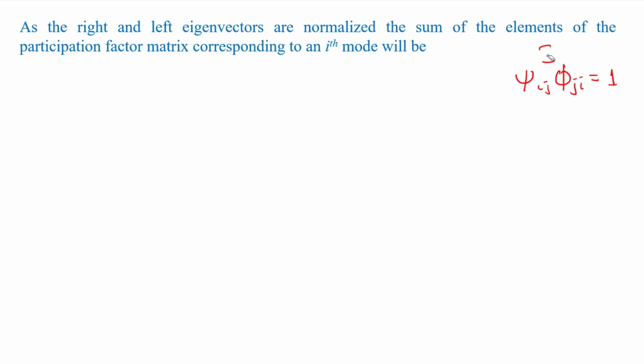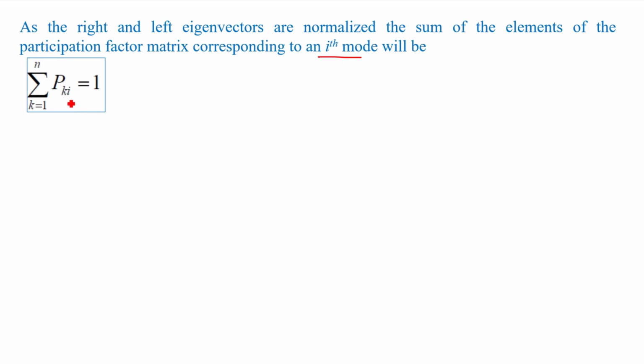So therefore, as this is normalized, the participation factors corresponding to a particular mode, that is the ith mode, sum to 1. That means the sum of the elements of the participation matrix corresponding to the ith mode will be 1, right?